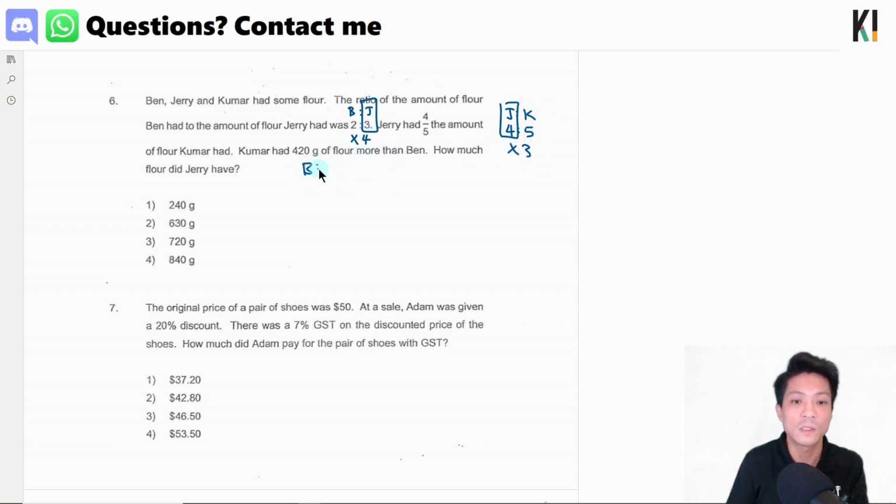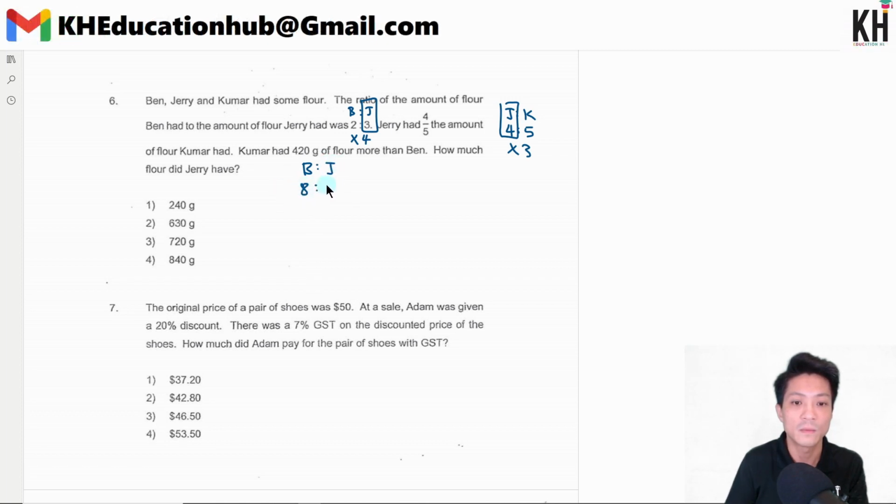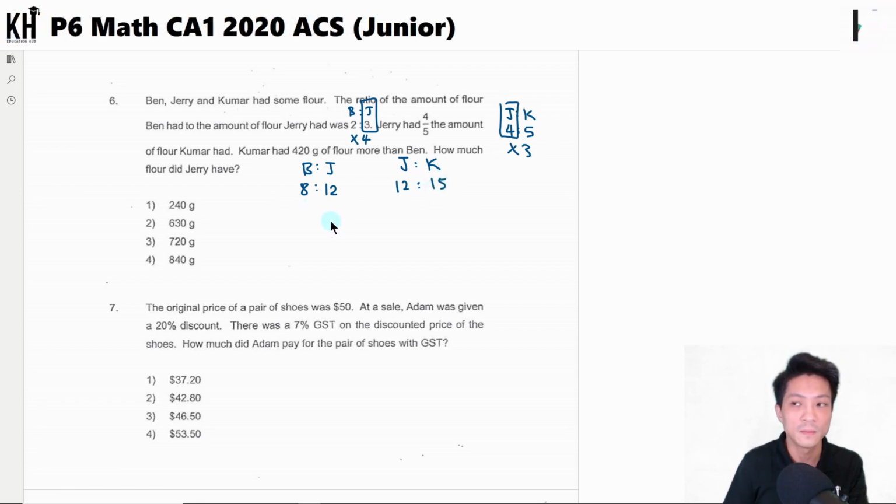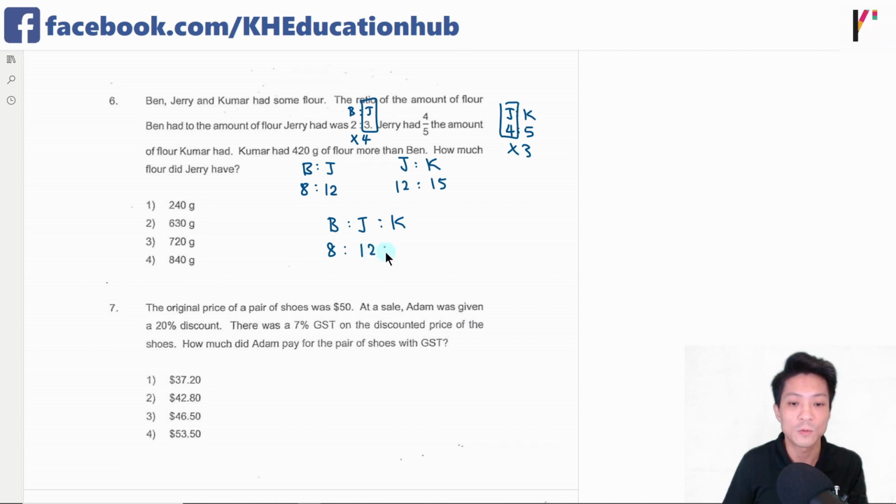So B is to J will give me 8:12, and J is to K will give me 12:15. Which means that the combined ratio of B is to J is to K will be 8:12:15.